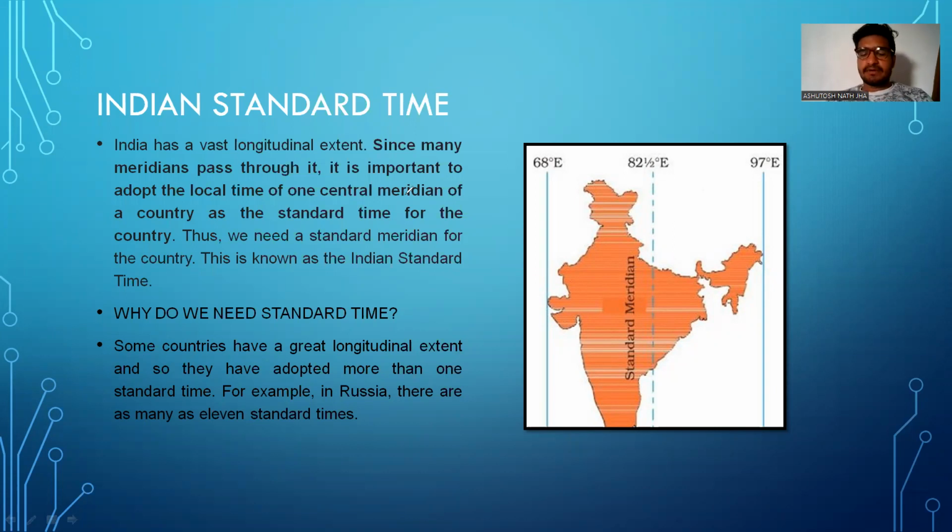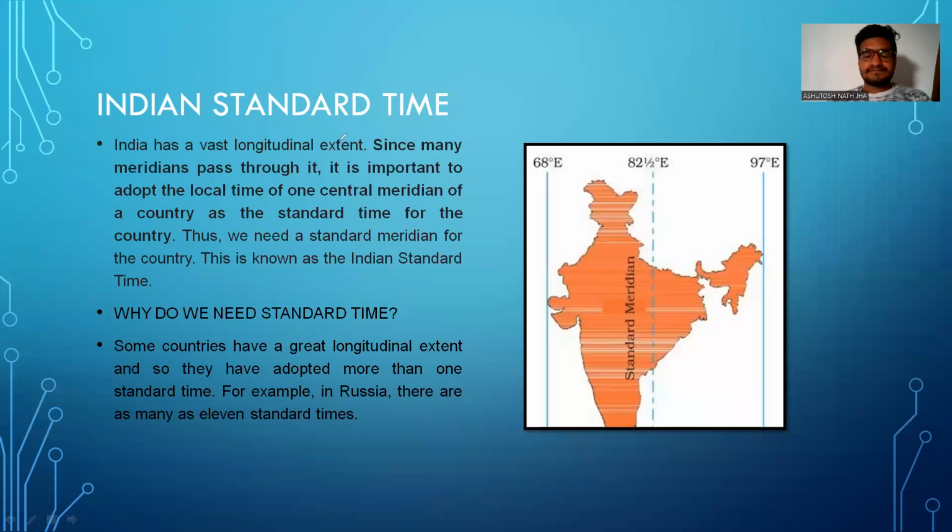India does not observe daylight saving time or other seasonal adjustments. And in military and aviation time, IST is designated as E*, known as Indian Standard Time. Okay, very good students.